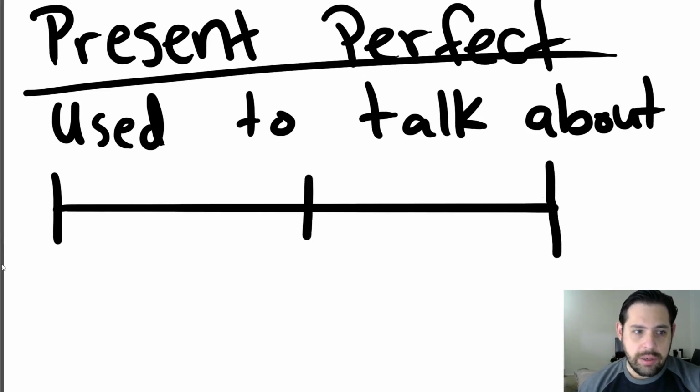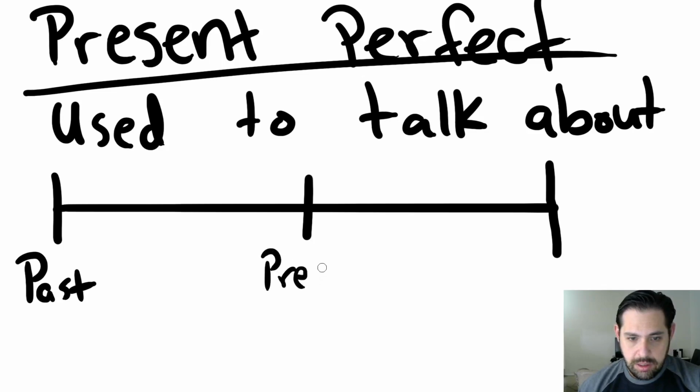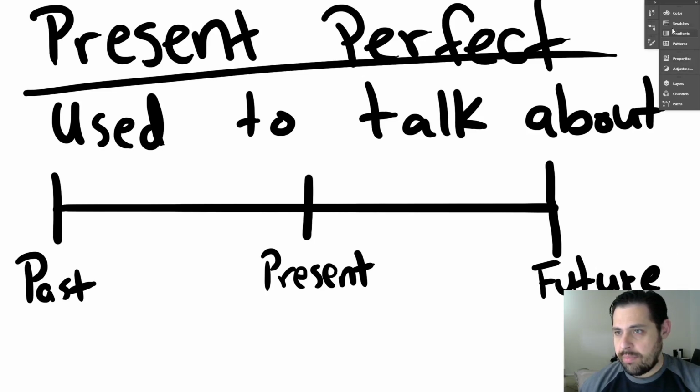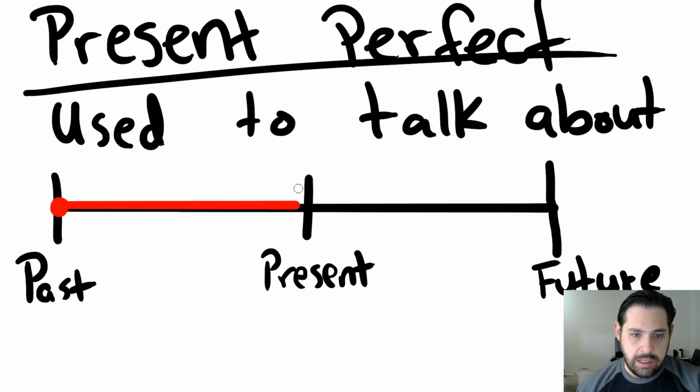If we think about a timeline with the past, the present, and the future, we're going to be focusing on something that started in the past and continues on to the present.